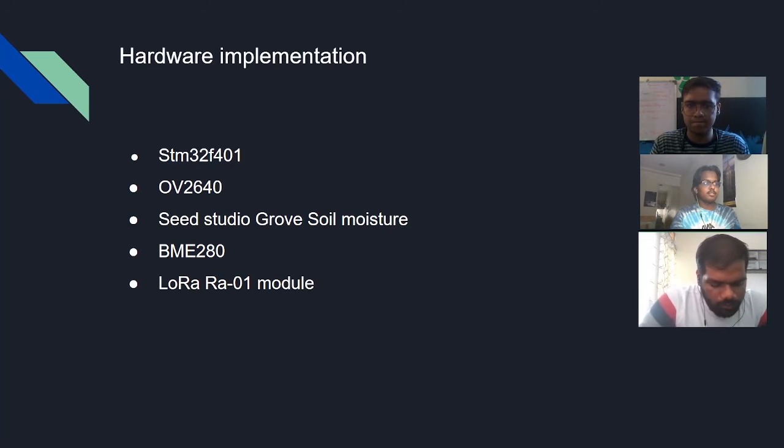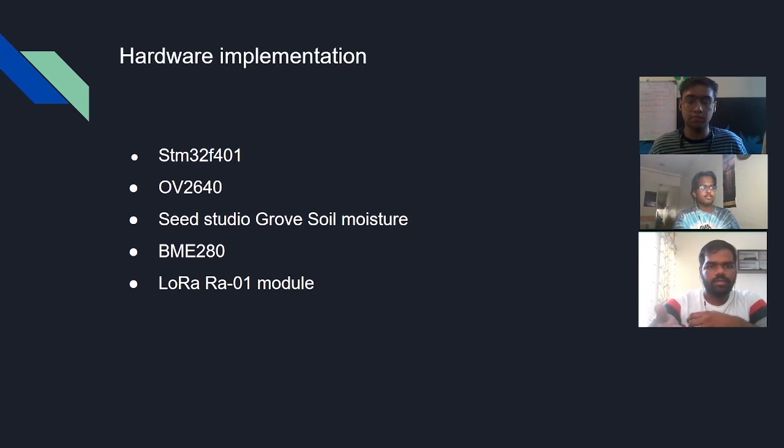For the hardware, as I mentioned, there are various requirements. First thing is we need a camera to constantly monitor the growth of the crop, or any disease or pest growing in the crop. And in phase 2 we need a soil moisture sensor and other localized parameters such as temperature, humidity, and air pressure available in that particular area.